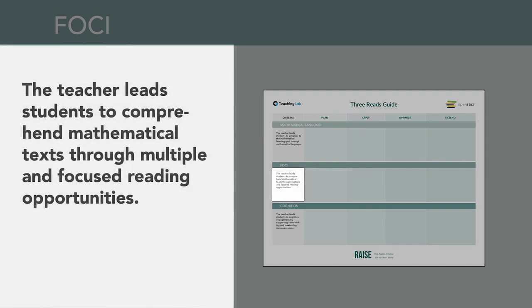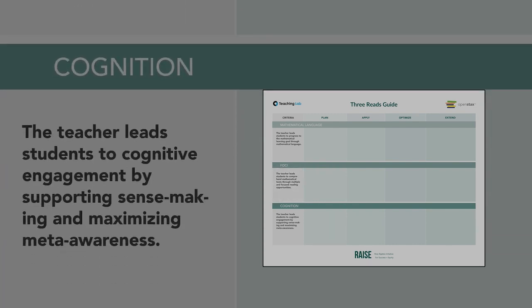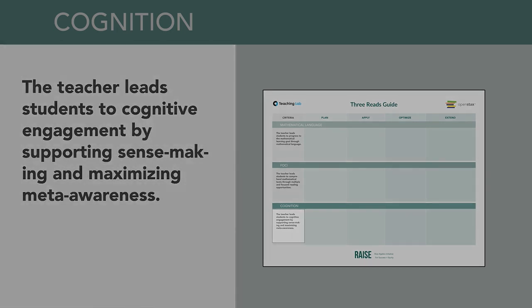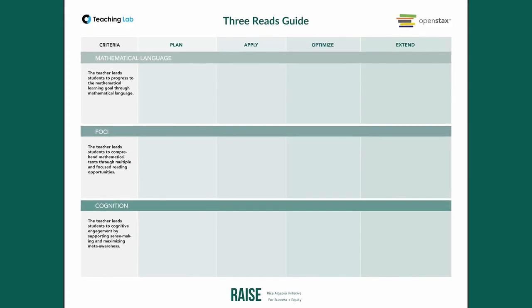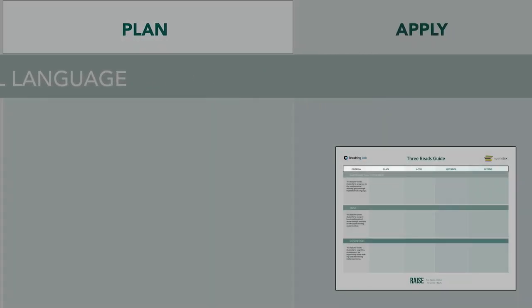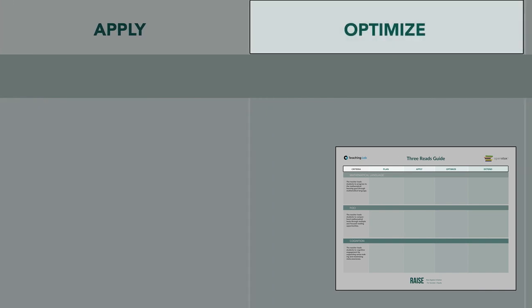The teacher leads students to comprehend mathematical text through multiple and focused reading opportunities. And 3. The teacher leads students to cognitive engagement by supporting sense-making and maximizing meta-awareness. Throughout the video, we'll keep returning to these criteria and building on them to help us customize this routine for our students.